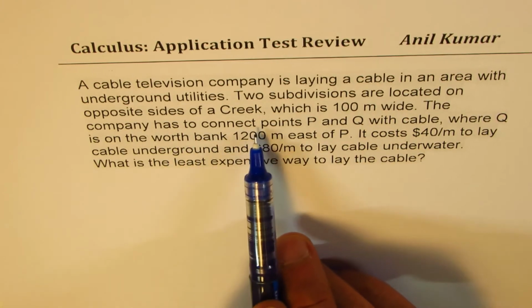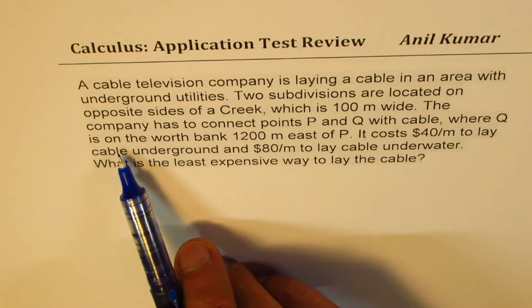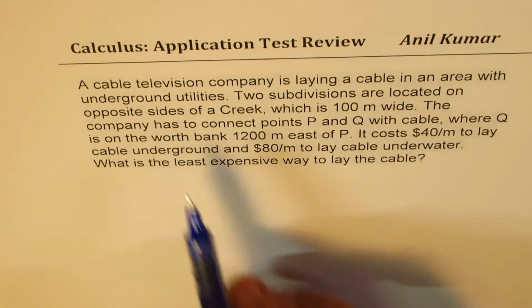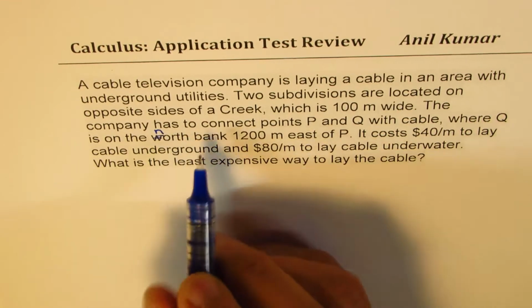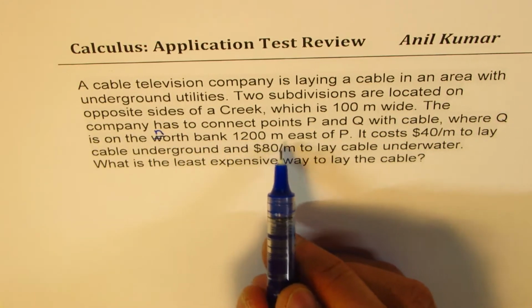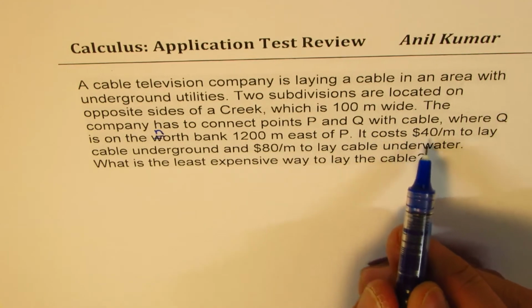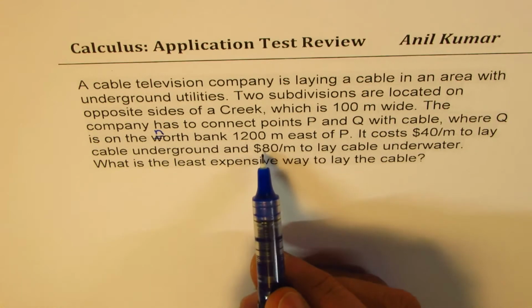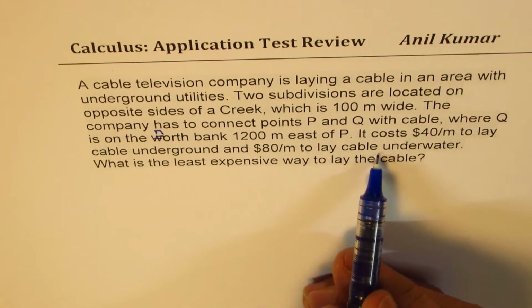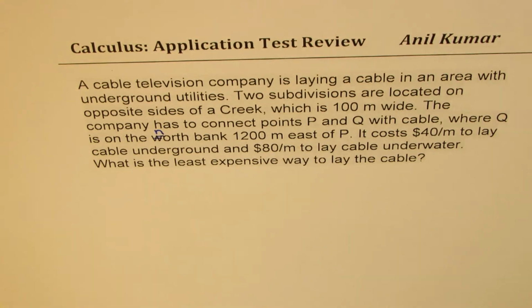The company has to connect point P and Q with cable, where Q is on the north block, 200 meters east of P. It costs $40 per meter to lay cable underground and $80 per meter to lay cable underwater. What is the least expensive way to lay the cable?